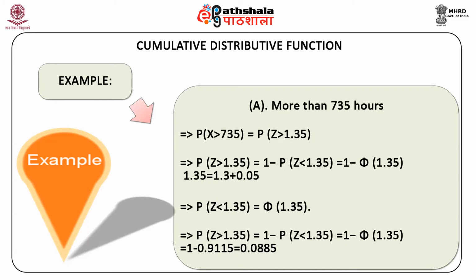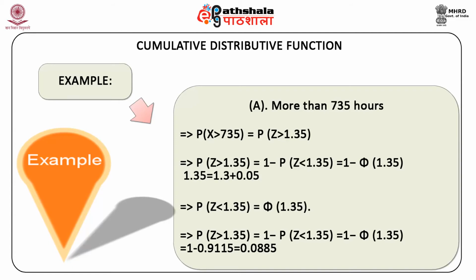Solution. To find these probabilities, first we need to convert x into the z variable. When x is equal to 735, z is equal to (735 minus 600) divided by 100, which is 1.35. More than 735 hours, that is the probability that x is greater than 735, is equal to the probability that z is greater than 1.35.